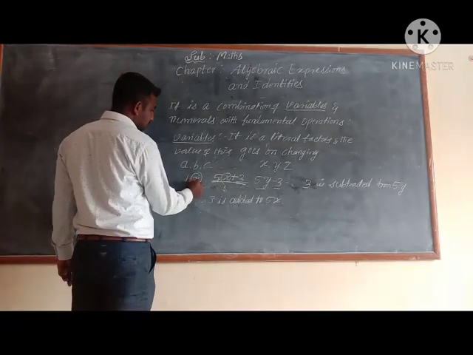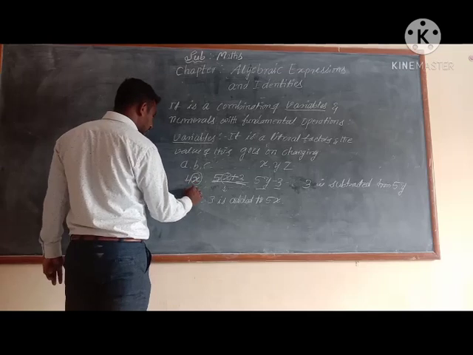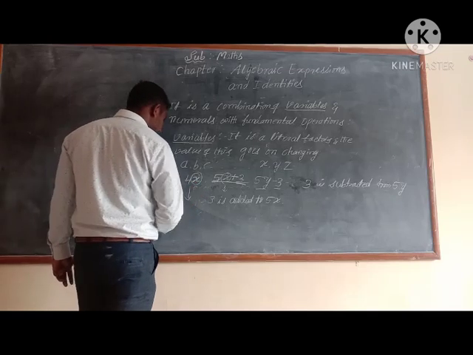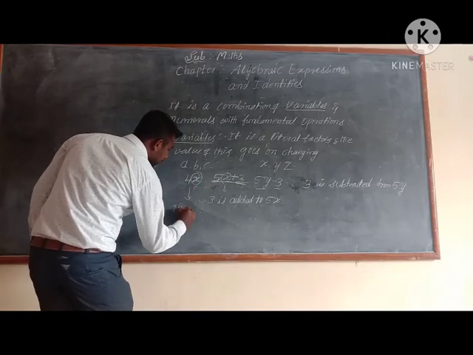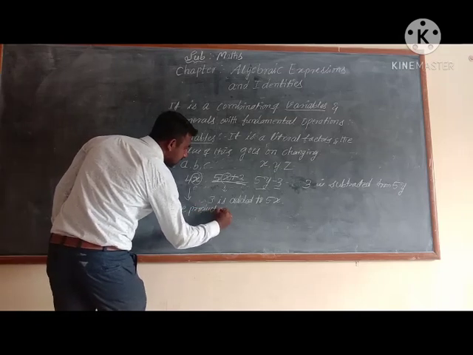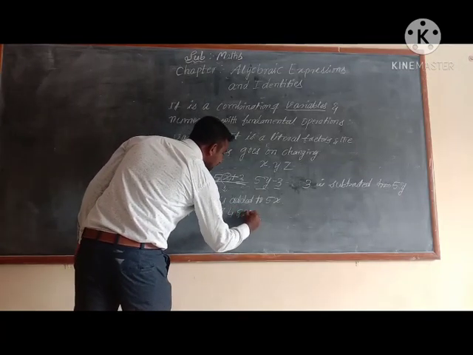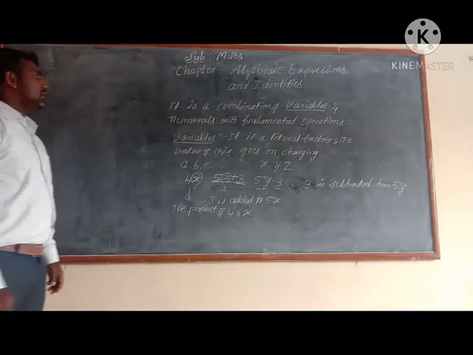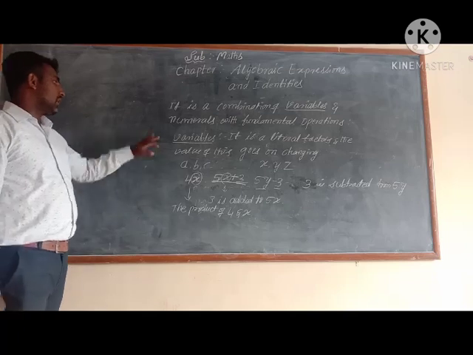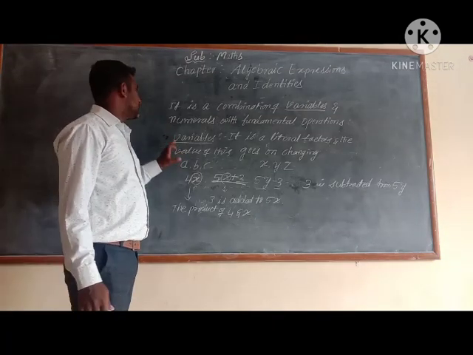We see this case 4x. 4x means the product of 4 and x. Okay, you know what is variable and the constant numerals.